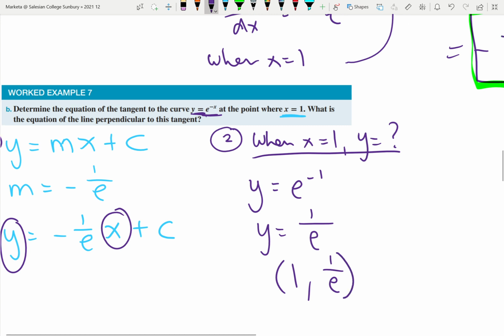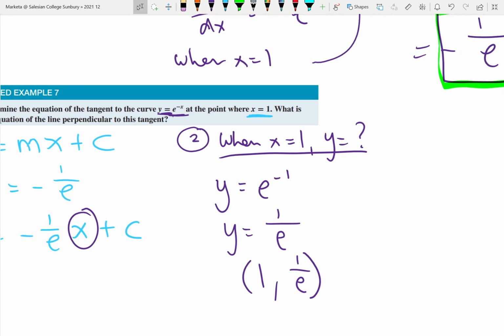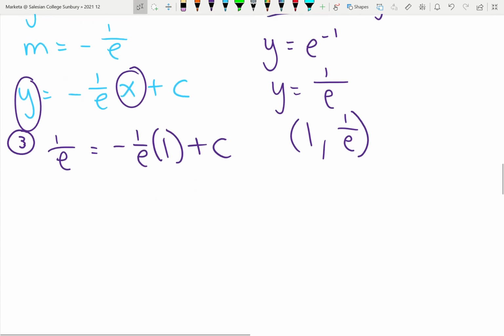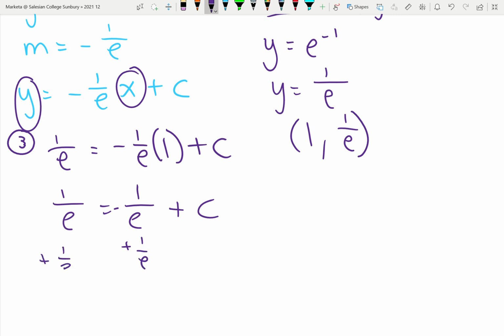So our point is 1 and 1 over e, and let's substitute that in. y equals m times x, which is 1, plus c. So 1 over e equals negative 1 over e plus c. We're adding 1 over e on both sides, so c must equal 2 over e.